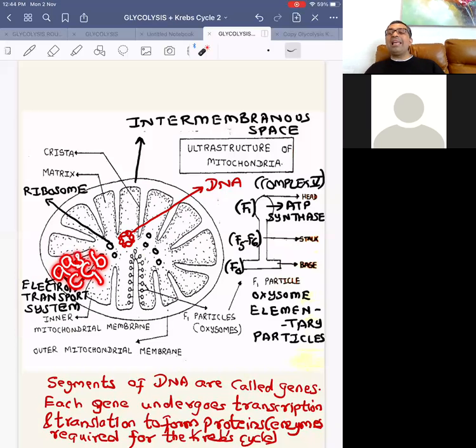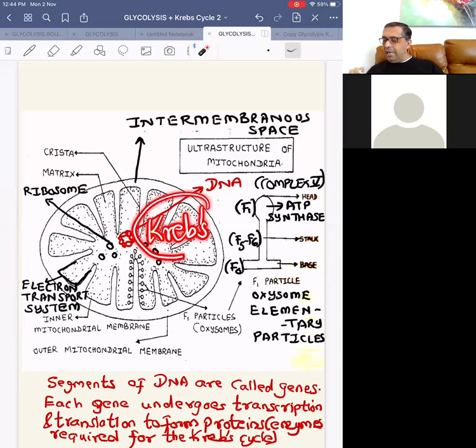Where are all these electron acceptors present? All electron acceptors are present on the inner mitochondrial membrane. So, where is the Krebs cycle taking place? The Krebs cycle takes place inside the matrix.